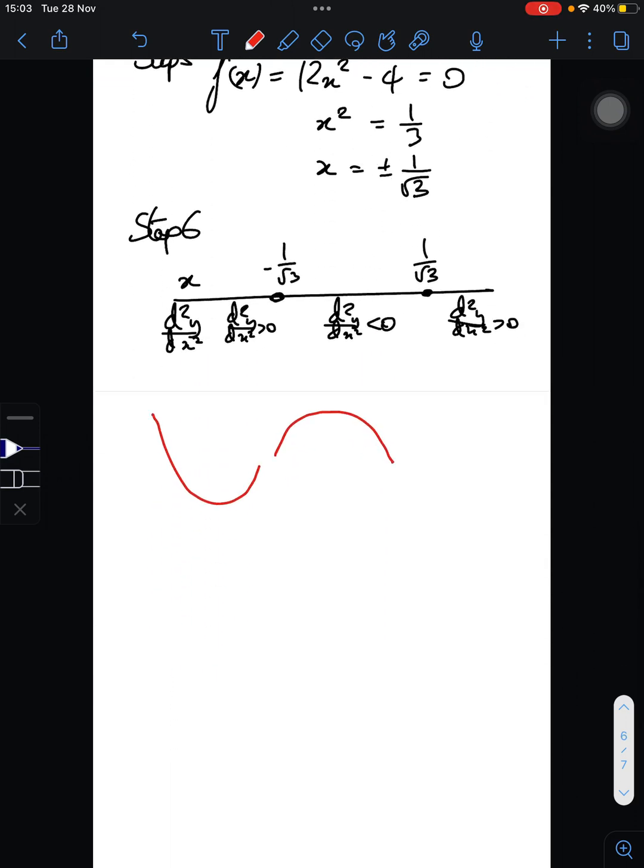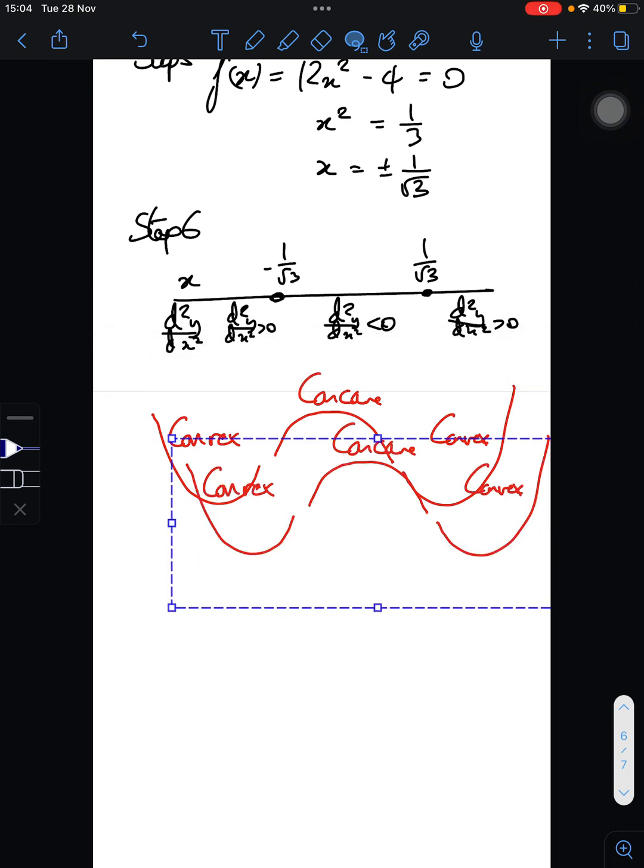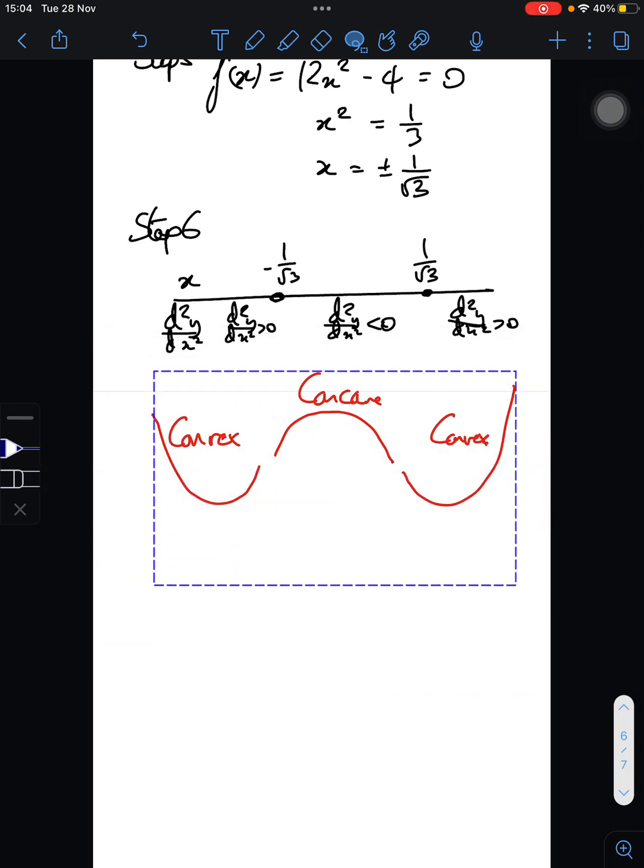Sorry, the convex and then concave, because it's going to look like a cave if it continued, and then back to convex. So this is convex, concave, convex. And so that there was our step 7.